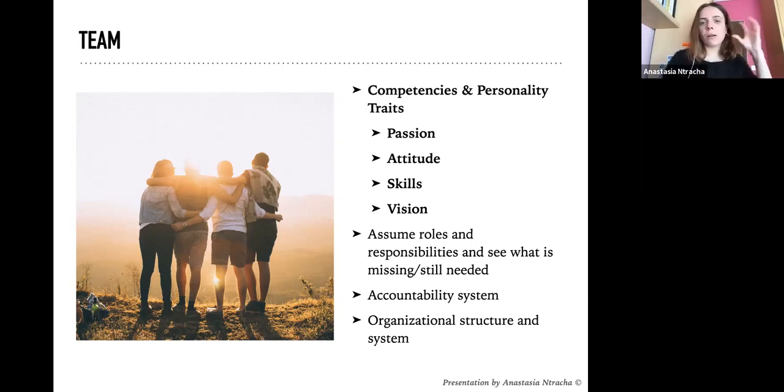And then based on those things of your team, assume roles and responsibilities linked with the previous activities and goals, and check if there's something still needed or something still missing.